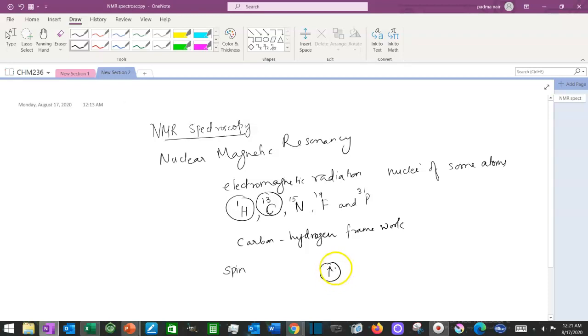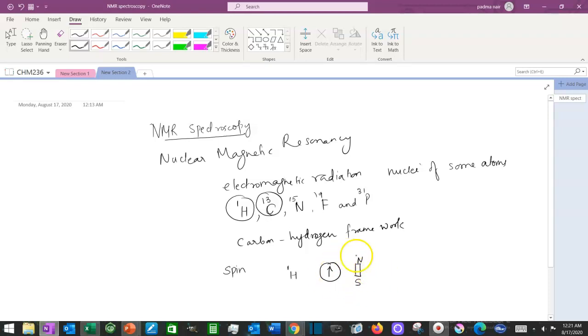If you recall from physics, a spinning proton can be thought of like a small magnet. Any charged particle that spins will create a magnetic moment, and you can think of it behaving like a small magnet with a north pole and a south pole. We are taking hydrogen as an example because it is the simplest atom, with just one proton in its nucleus.